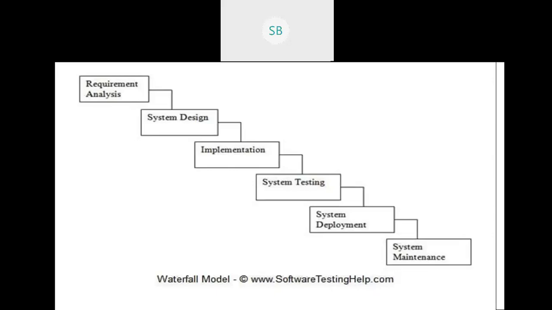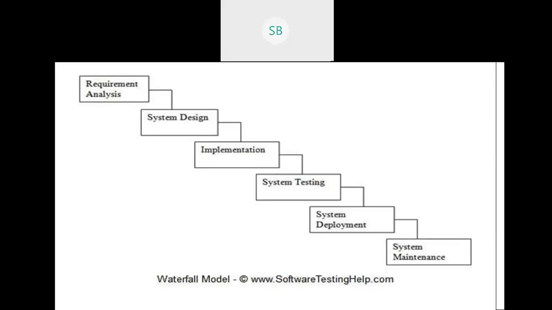So I was talking about the advantage. The advantage is that every phase is clear. The manager is able to detect in which phase the project is. In waterfall, after you complete one phase, only then can you move to the next phase.